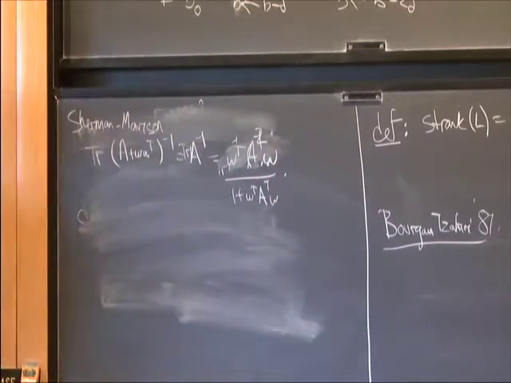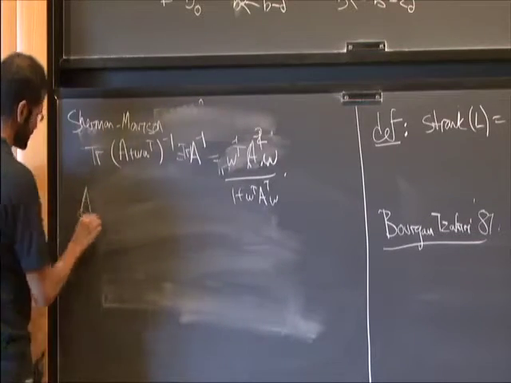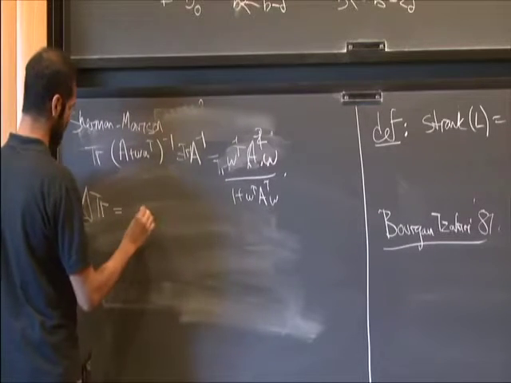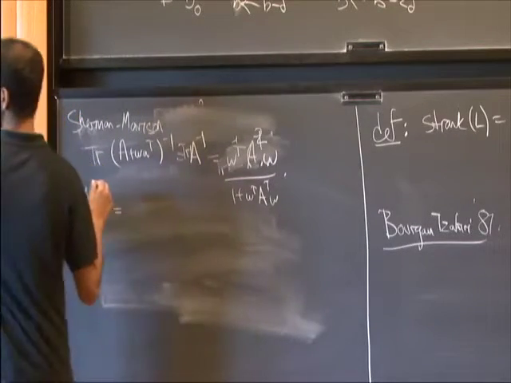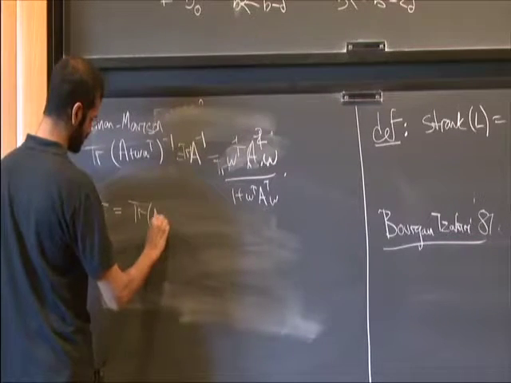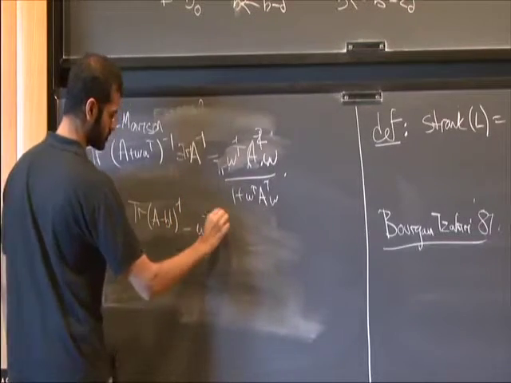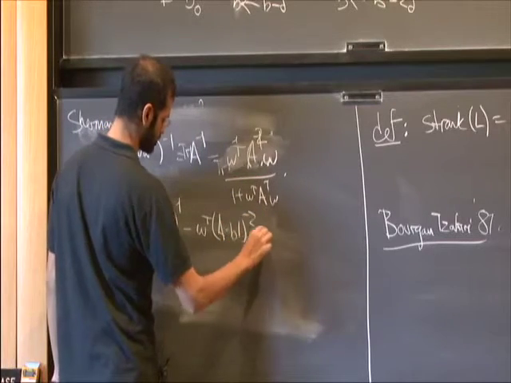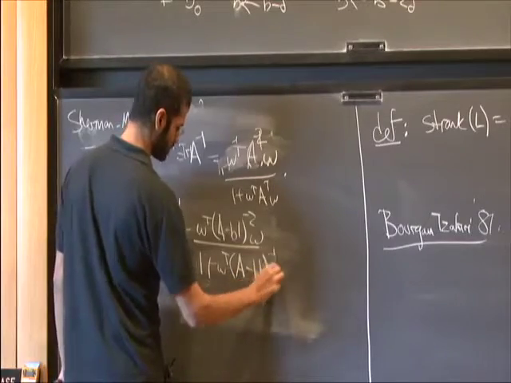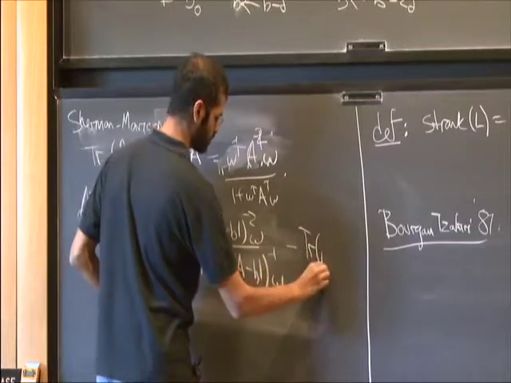So now I'm just going to apply this to my matrices here, right? So then I get that delta trace, this quantity which I computed here, is equal to the trace of (A plus W W transpose minus BI) inverse, which is equal to the trace of (A minus BI) inverse minus W transpose (A minus BI) to the minus 2 W over 1 plus W transpose (A minus BI) inverse W. Okay, so this is minus what it was before.